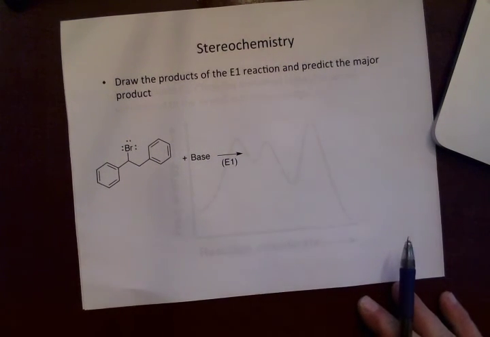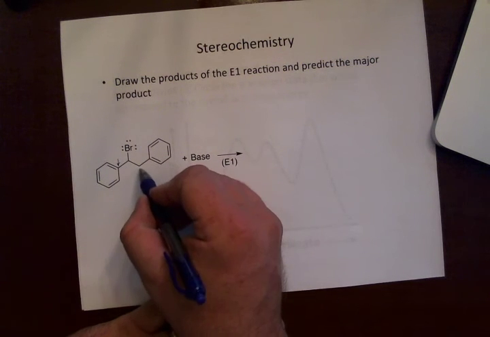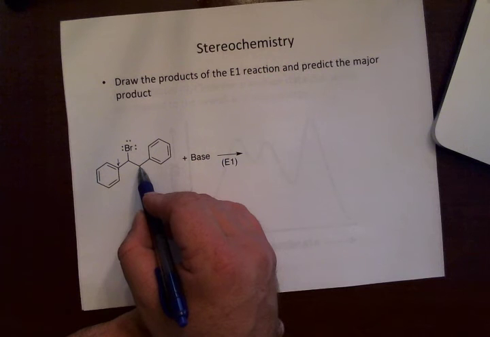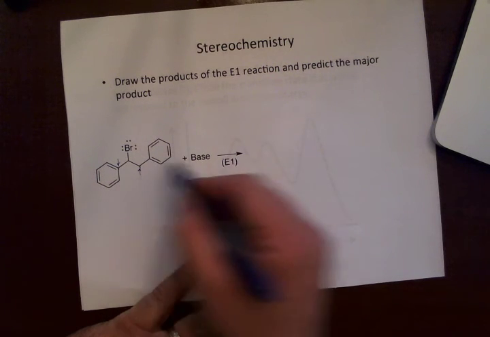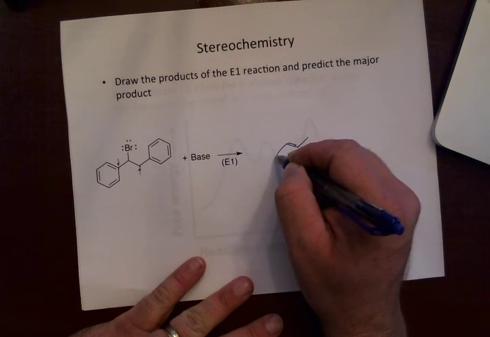Now for the E1 mechanisms, again we'd look here and here. This side doesn't have any hydrogens, but this side does, and so what we're going to end up with is it like this.